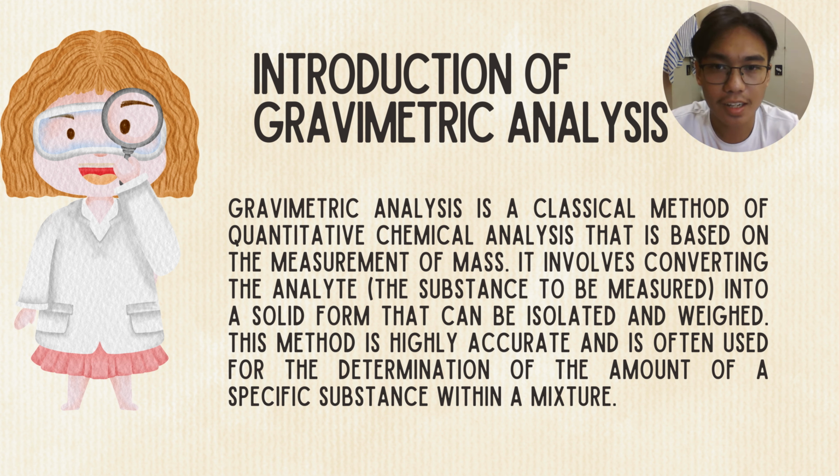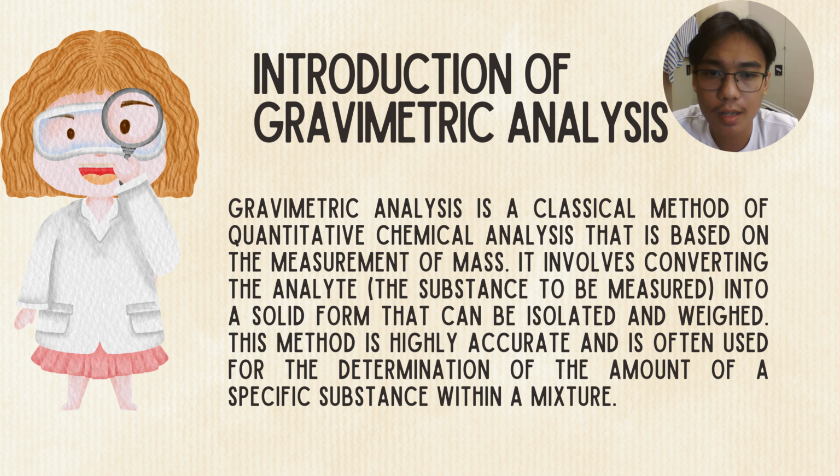So let us take a look at gravimetric analysis. Basically, gravimetric analysis is a classical method of quantitative chemical analysis that is based on the measurement of mass. It involves converting the substance to be measured into a solid form that can be isolated and weighed.